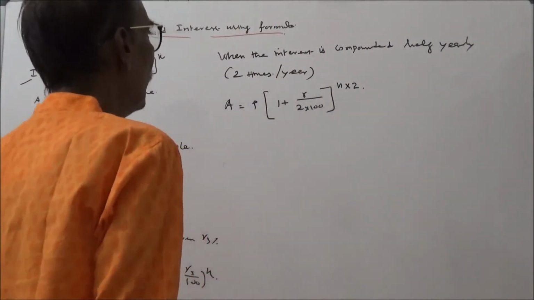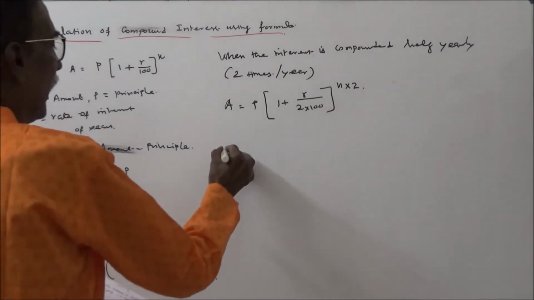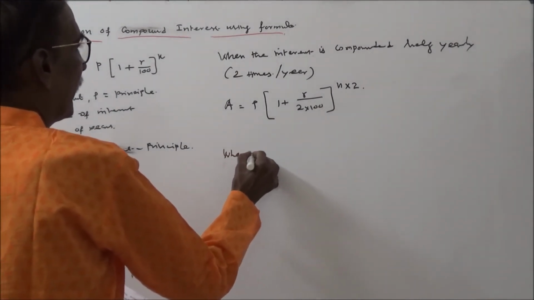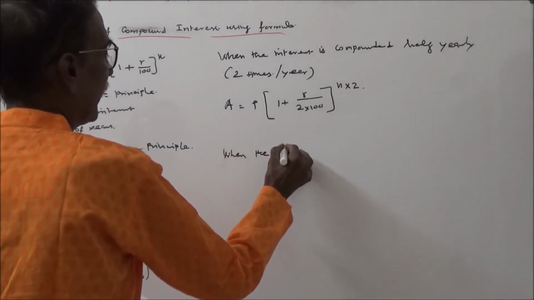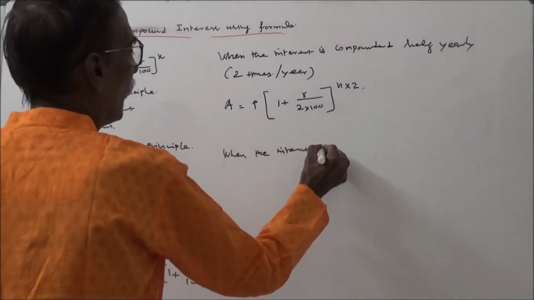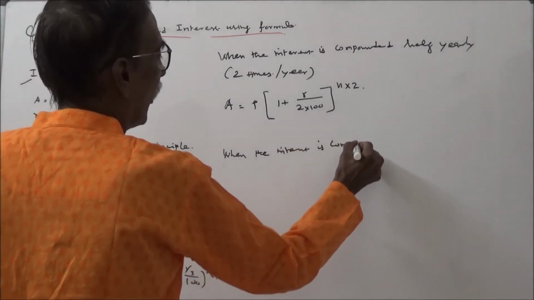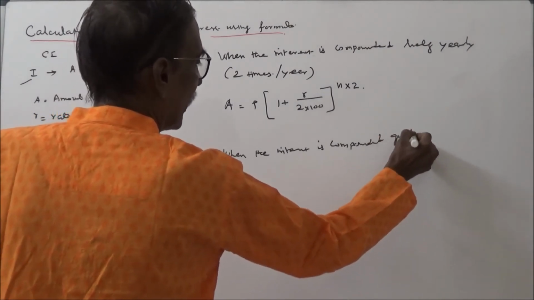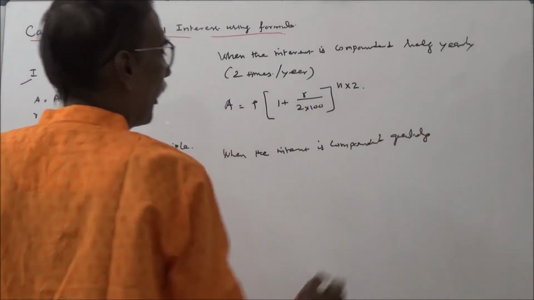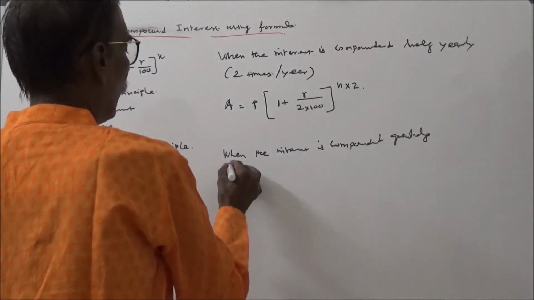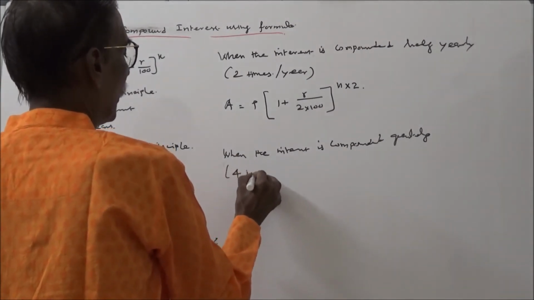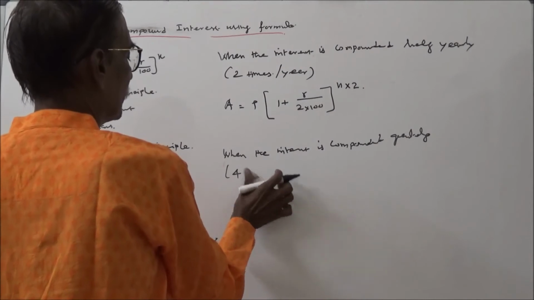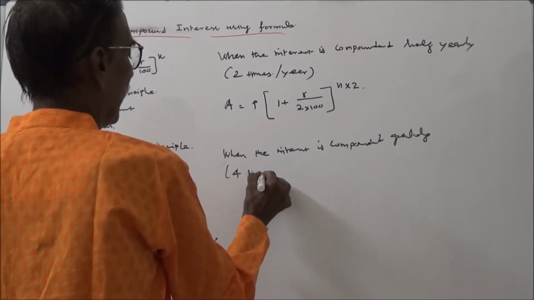Then, when the interest is compounded quarterly, quarterly means 4 times per year.